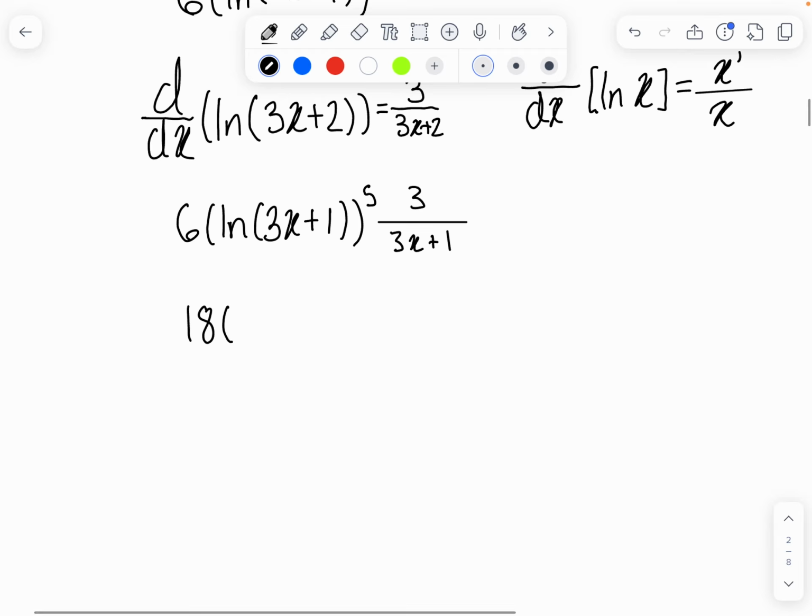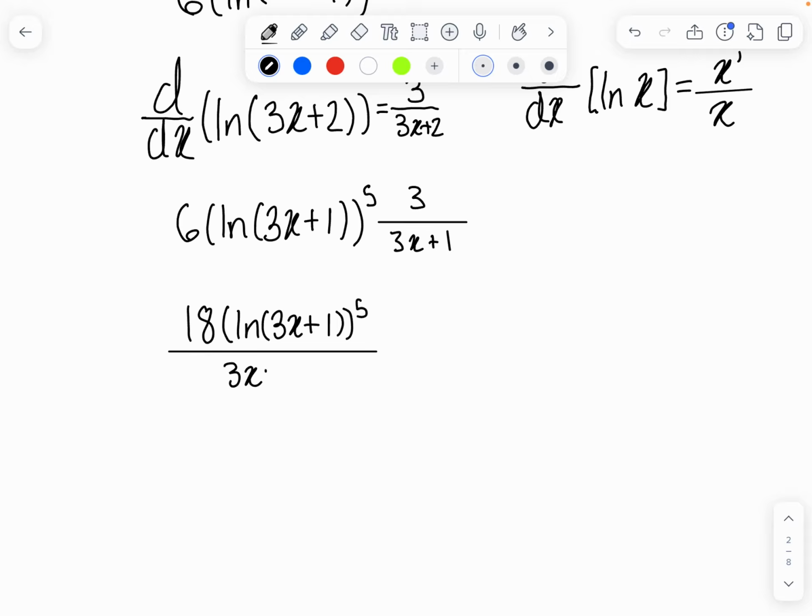So 18 times ln of 3x plus 2 to the power of 5, over 3x plus 2. And this is our answer.